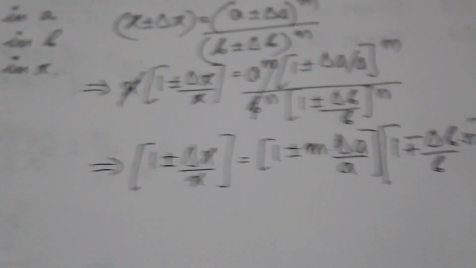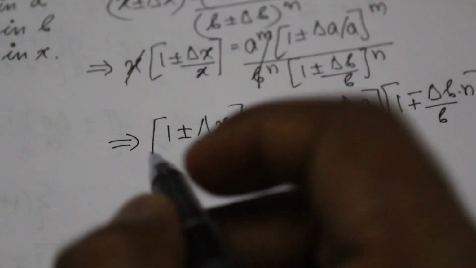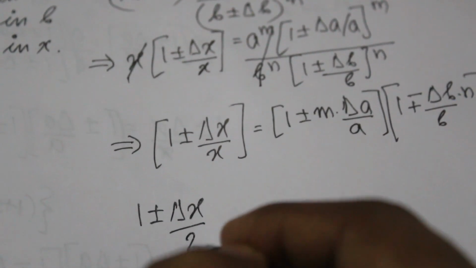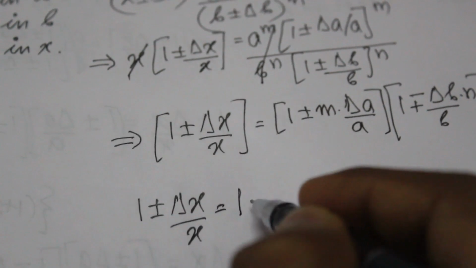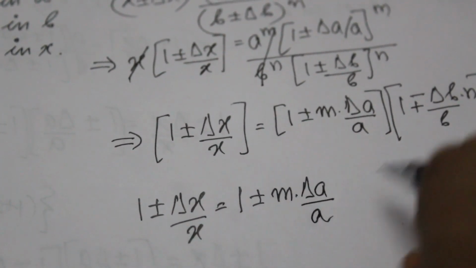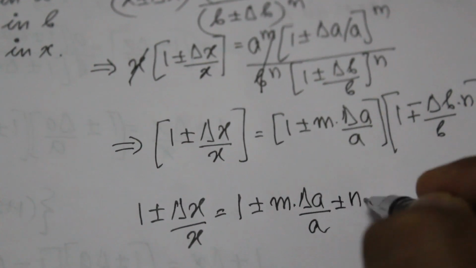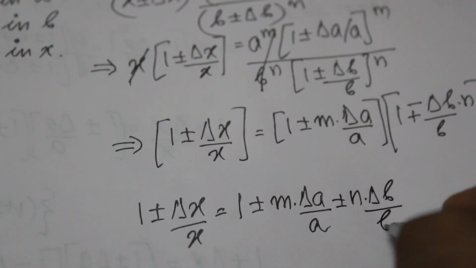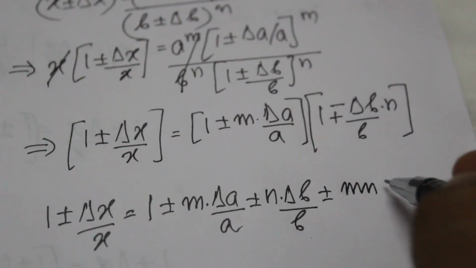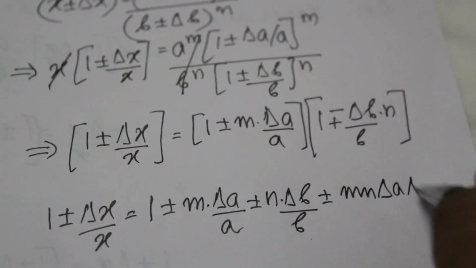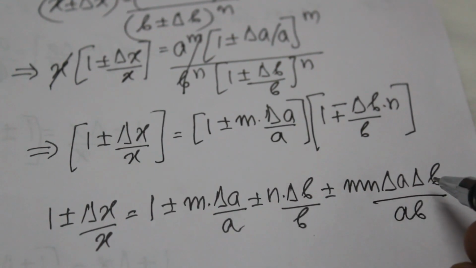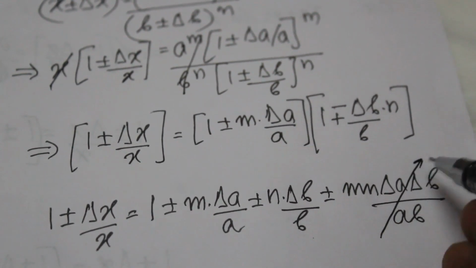Now if I open the bracket, I get 1 plus minus delta x upon x is equal to 1 plus minus m delta a upon a plus minus n delta b upon b plus minus mn delta a delta b upon ab. Since delta a into delta b is small, we neglect it.